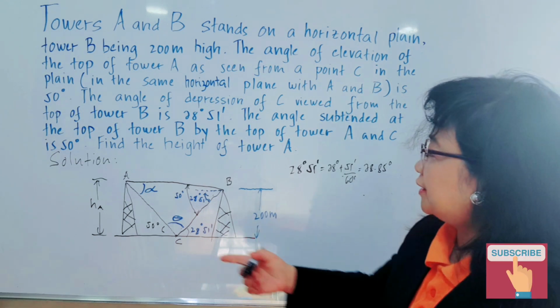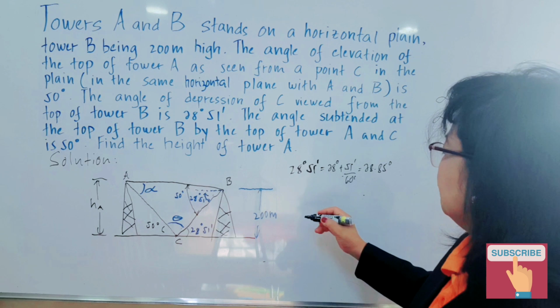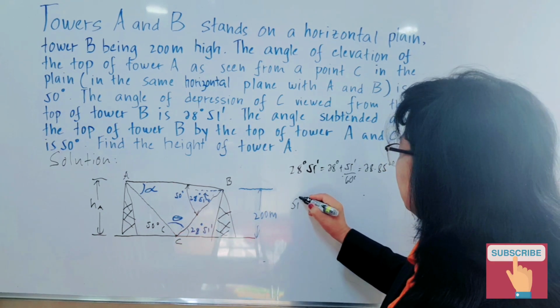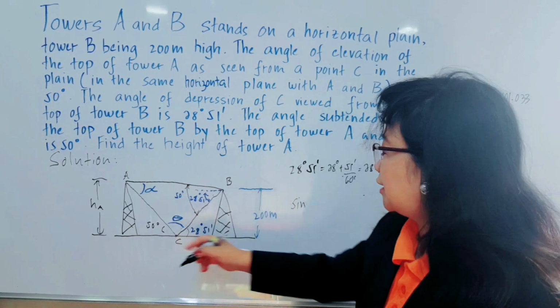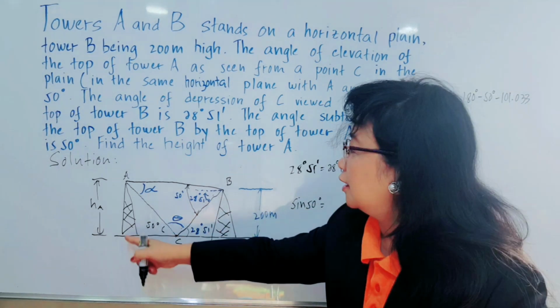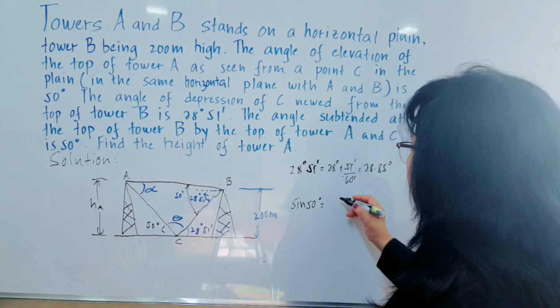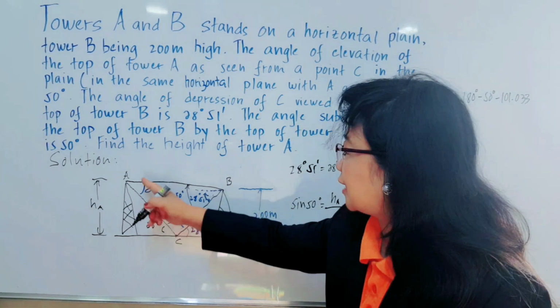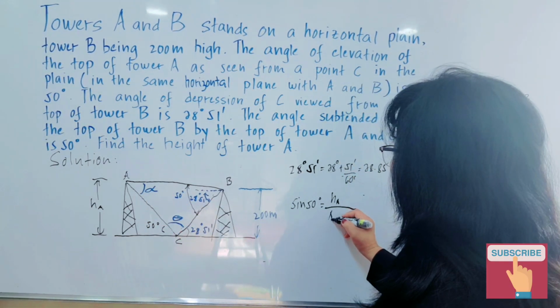Now, to find the height of the tower, you can use the sine function: sine of 50 degrees is equal to the opposite, which is the height of Tower A, over the side AC.